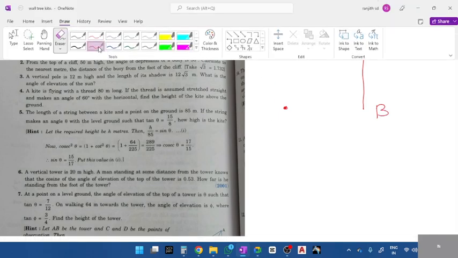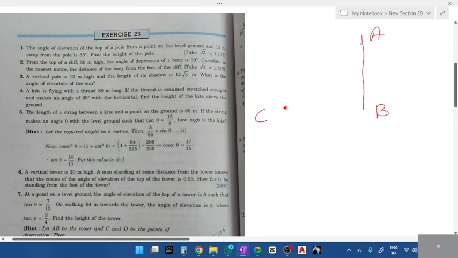From C you're going to view the pole. So how do you check this, students? Which one is the horizontal line? CB is horizontal or AC? CB will be the horizontal. Then which angle will be the angle of elevation?